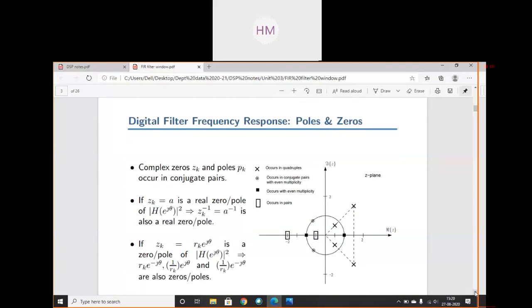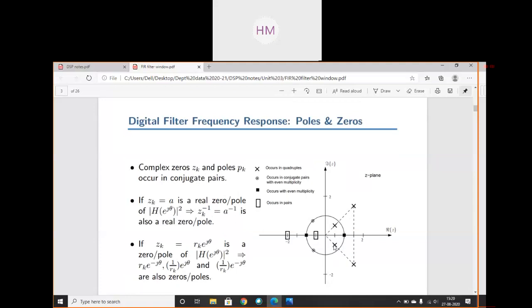For the digital filter frequency response, we will plot poles and zeros. Complex zeros, we all know what we mean by complex zeros, which have real and imaginary terms, and have a complex conjugate term. So complex zeros zk and poles pk occur in conjugate pairs. What do you mean by conjugate pairs?